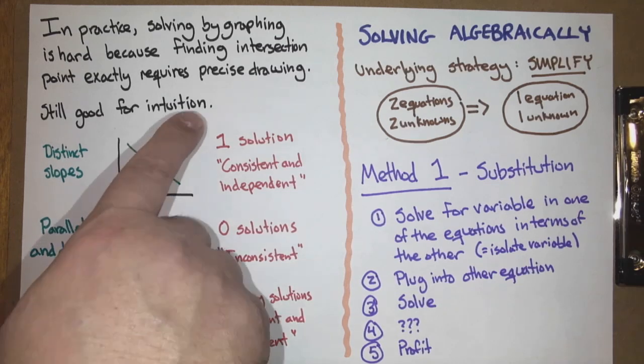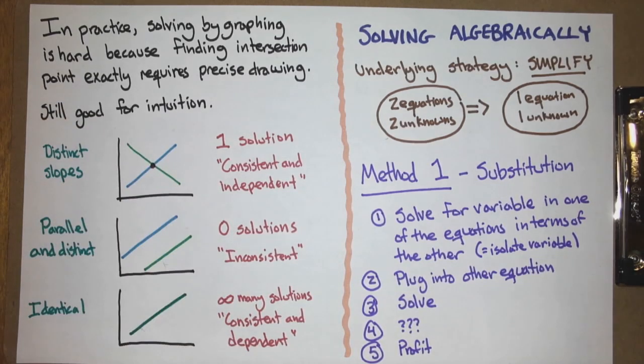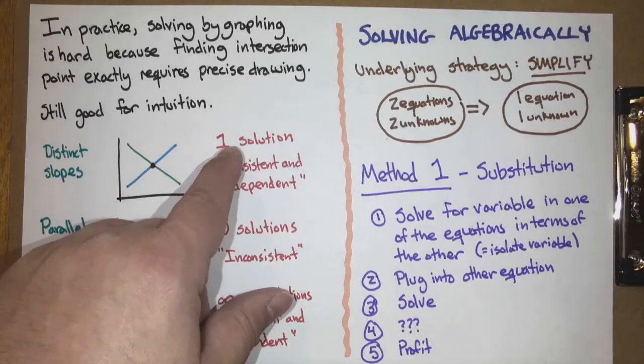Well, we're going to form a crossing set of lines. They have to intersect. If you're in the plane, if you have two lines, either the slopes are the same or the slopes are distinct. If they're distinct, they must intersect, and they must intersect in one place. So you get one solution.